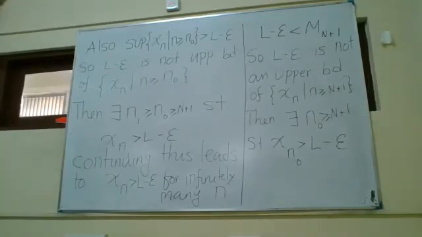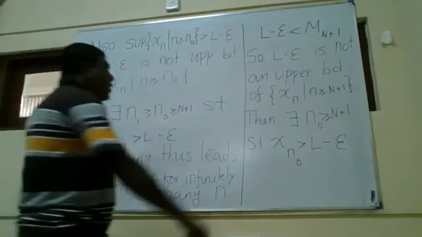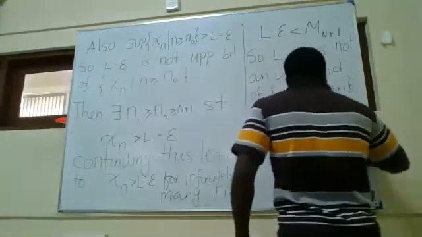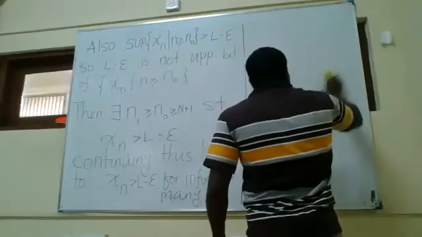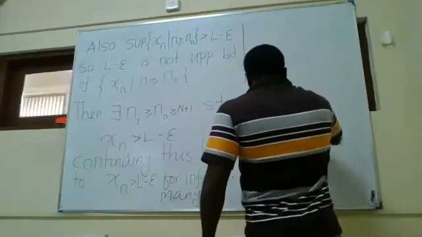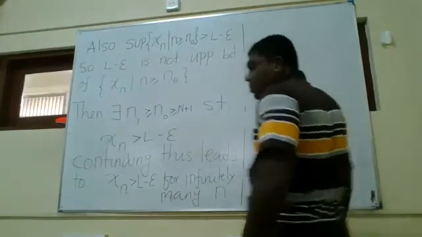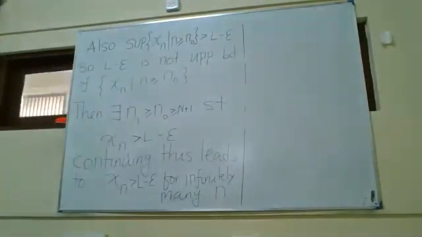If these two inequalities are true, then we have to show that the sequence has an upper limit, and that upper limit is L. Right? So we will start proving that. The converse part. Okay, so prove the converse.